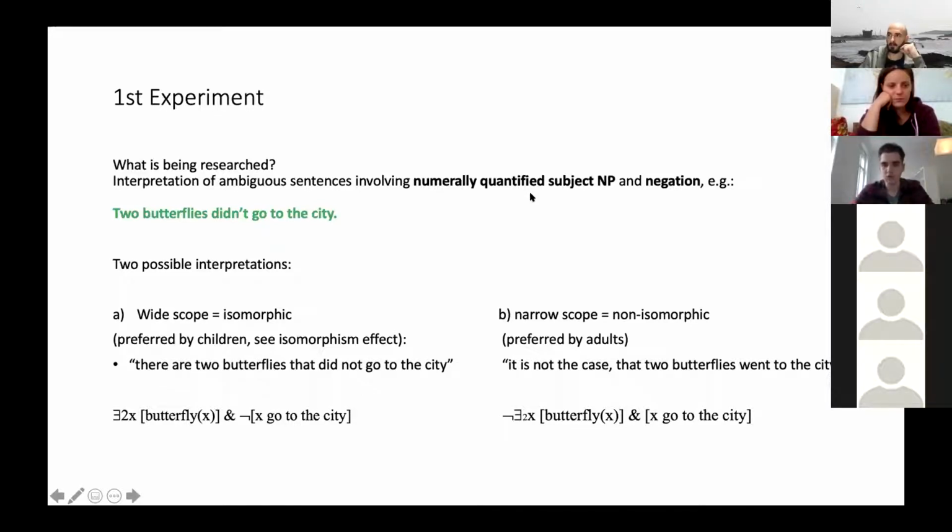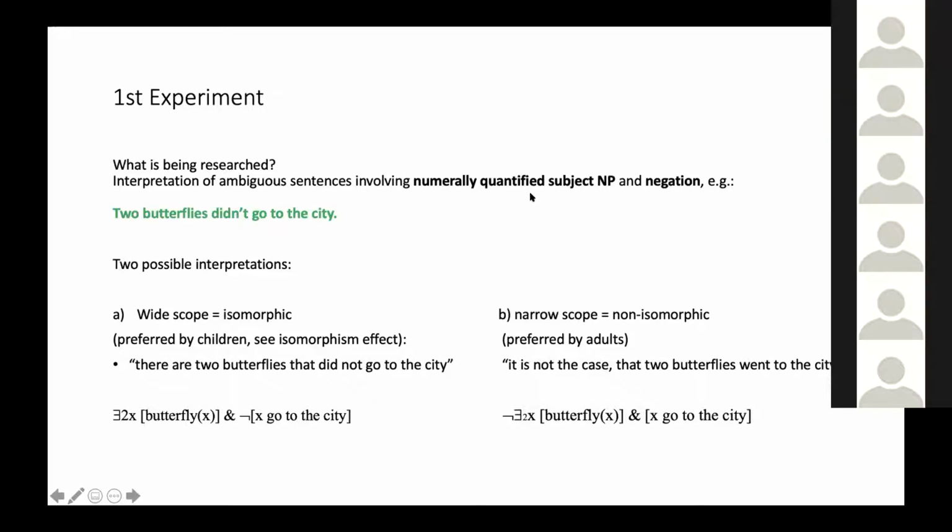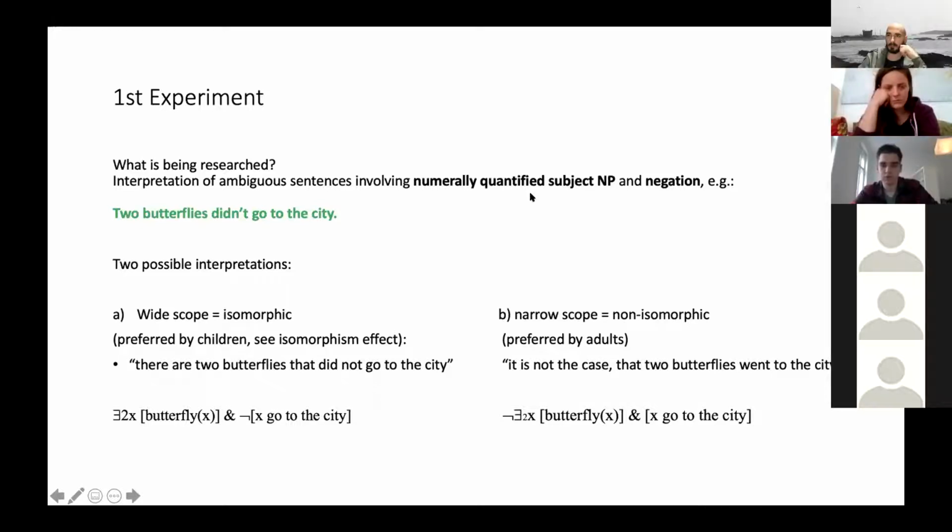So that's a wide scope interpretation, which we expect children to access or to prefer. This reading would be interpreted as there are 2 butterflies that did not go to the city. And there is the other one, the narrow scope interpretation. The negation takes scope over the indefinite. The interpretation would be, it is not true that 2 butterflies went to the city. We expect children to have difficulty accessing this interpretation, right?